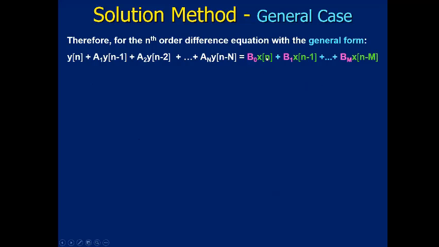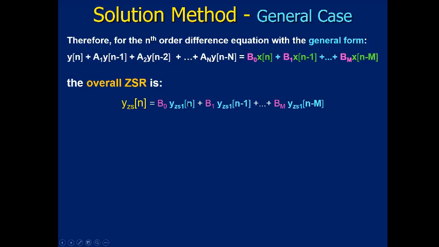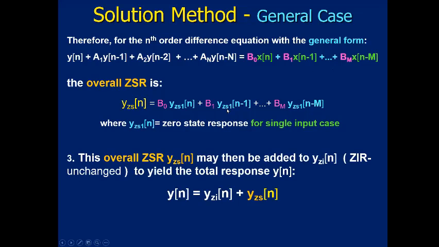So if I have more than x sub n on the right side of the equation, I find the overall zero state response of the general, more complicated equation by taking the single input case zero state response and doing everything that happens to x on the right side of the equation. Multiply it, delay it, anything that it says to do over here, we do to the single input case zero state response. That gives us the general case zero state response.